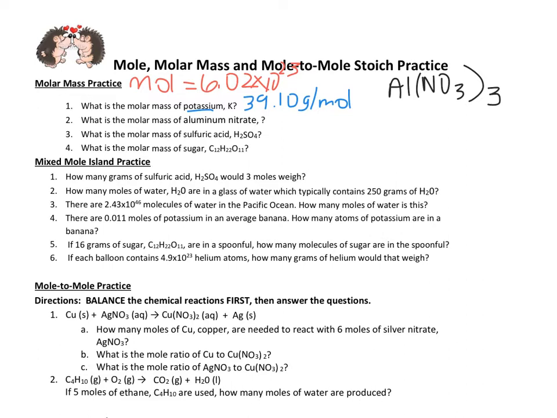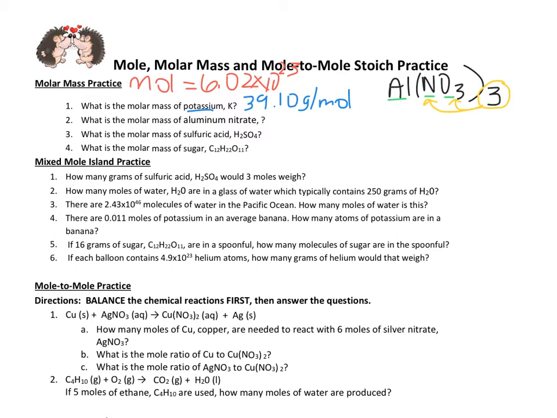Now what we're going to do is just add up the masses for each of these different elements. So we'll add up the mass of aluminum, nitrogen, and oxygen, but we do want to make sure that we have the right amount of atoms. So remember, this 3 on the outside is going to distribute, just like we did with balancing equations.